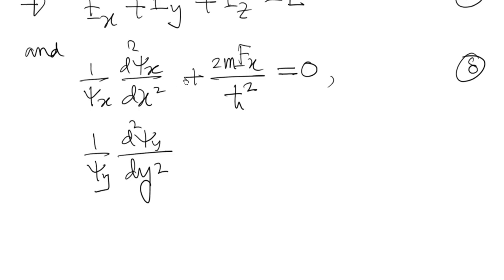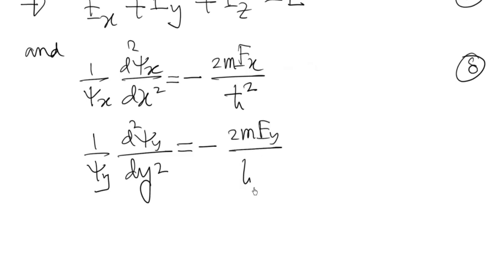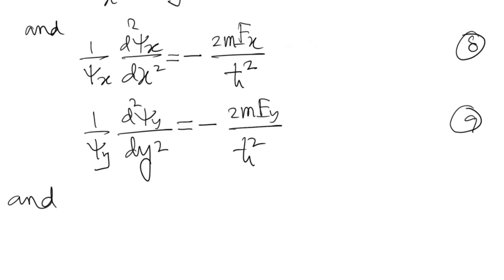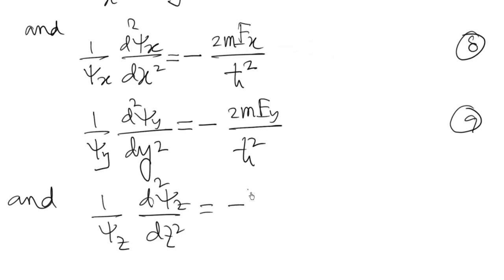Or you can say this is equal to minus 1, and this is minus 2m Ey by h cut square, and this is equation 10.